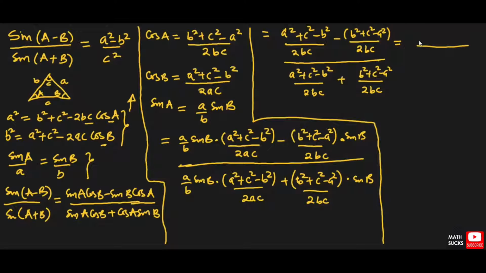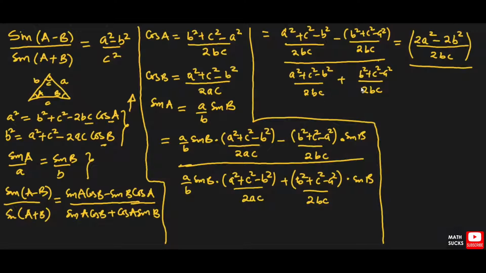So basically this is going to give us 2A squared minus 2B squared, because this is minus B squared, and this is minus C squared, which cancels with that, and this is over 2bc. So that's the upper part, right?